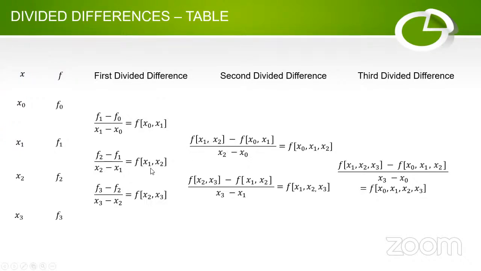Look at it: f[x1, x2] minus f[x0, x1], divided by the difference between them. This is the same thing we do here, and then all the way. So we are going to do this table together, so we also get a better appreciation of it.